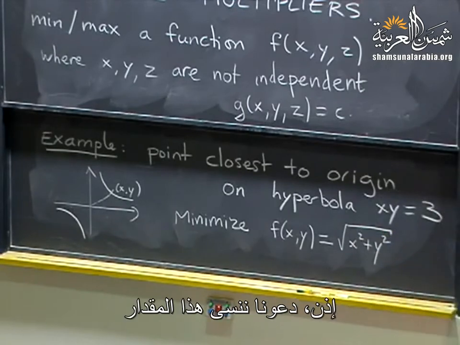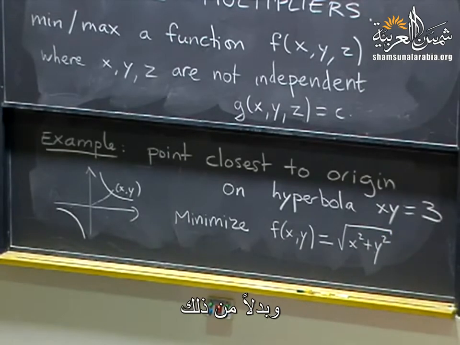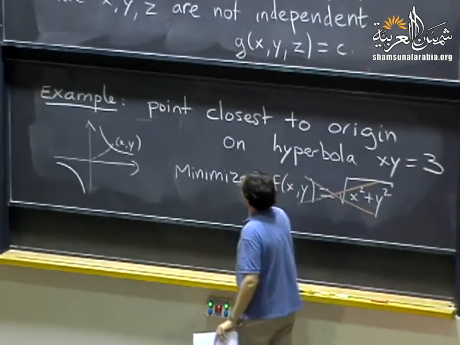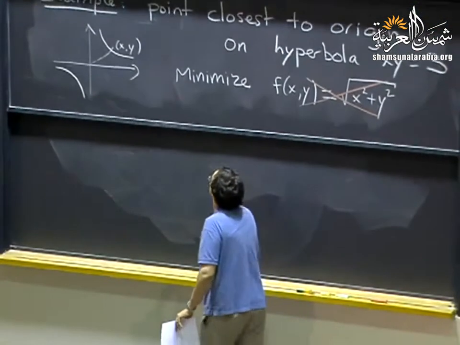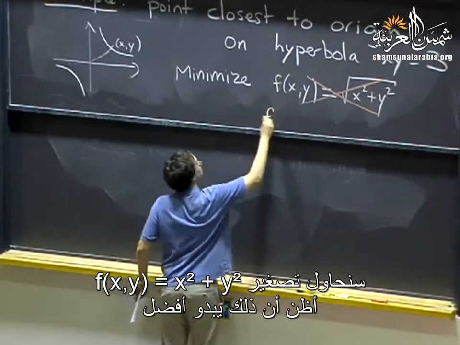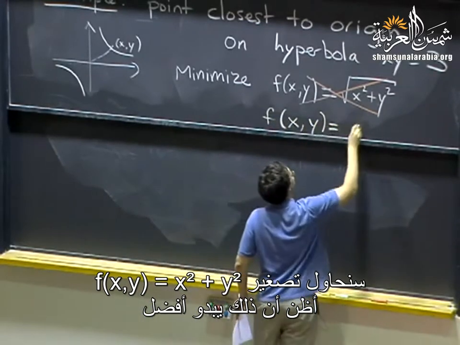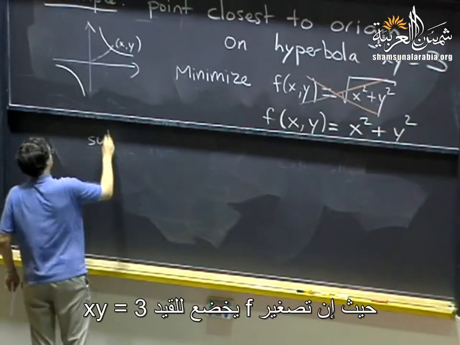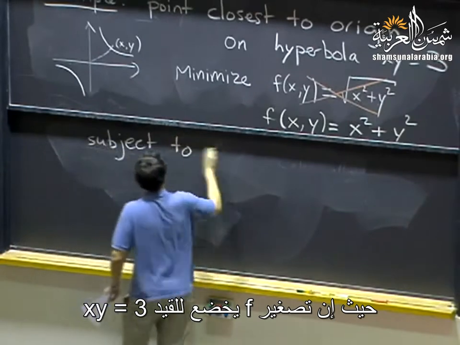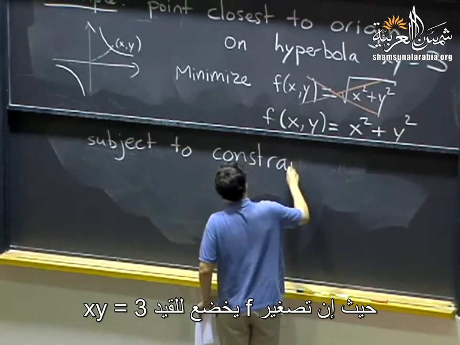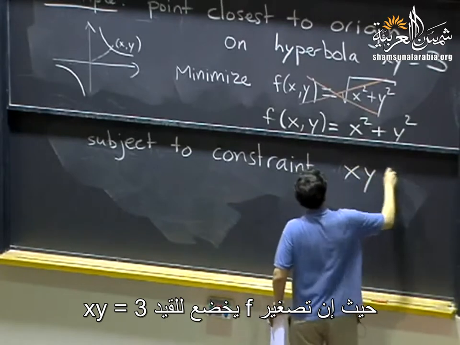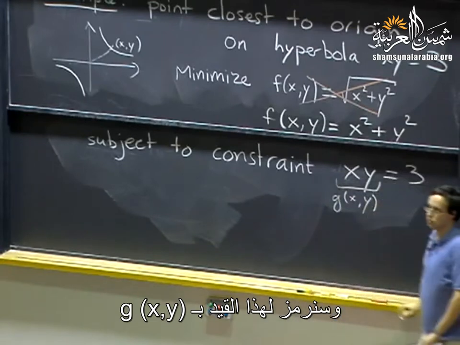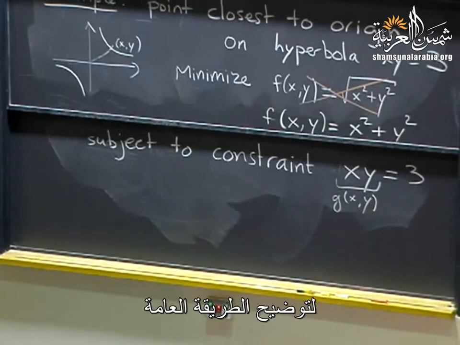Okay, so let's forget this guy, and instead, we'll minimize f of x, y equals x squared plus y squared. That looks better. Subject to the constraint xy equals 3, and so we'll call this thing g of x, y, to illustrate the general method.